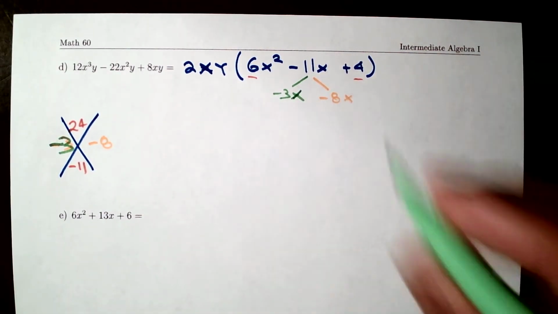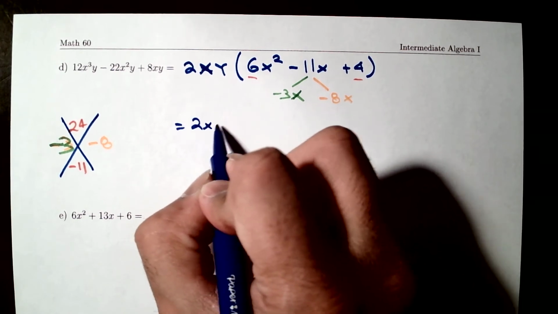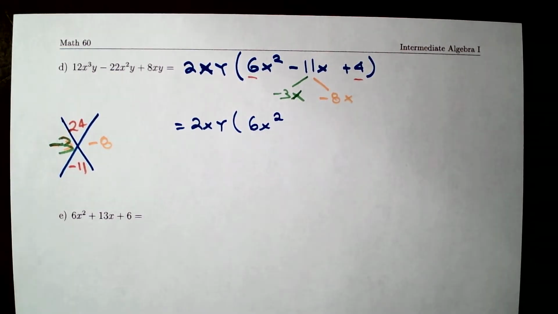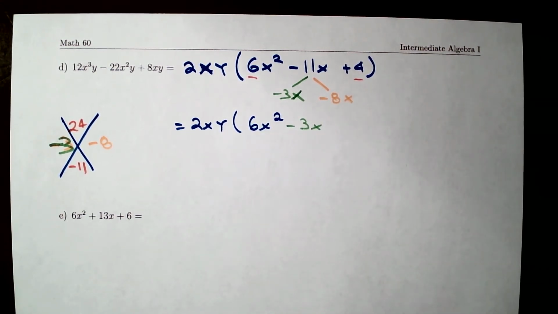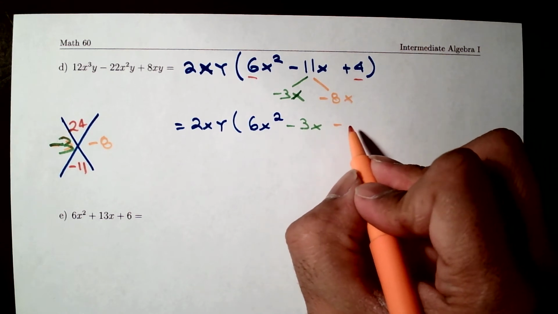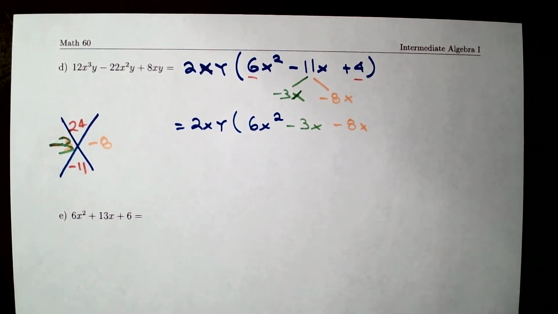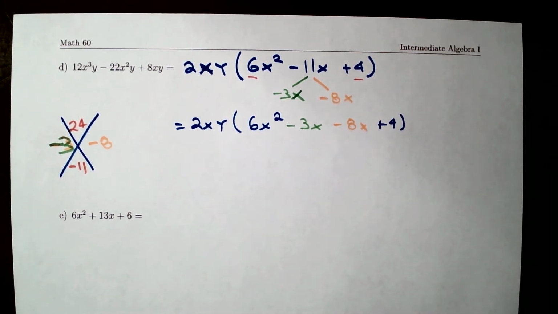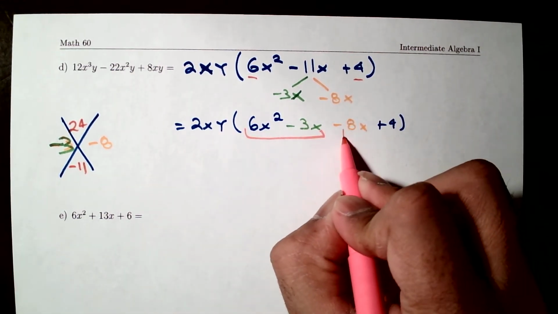So what are we going to do? This is going to be 2xy times 6x squared minus 3x minus 8x plus 4. And we're going to do factor by grouping inside of these parentheses.